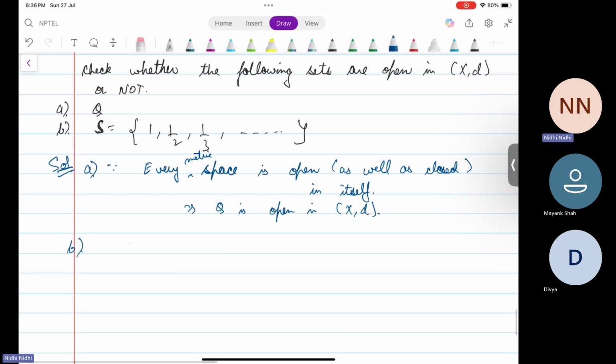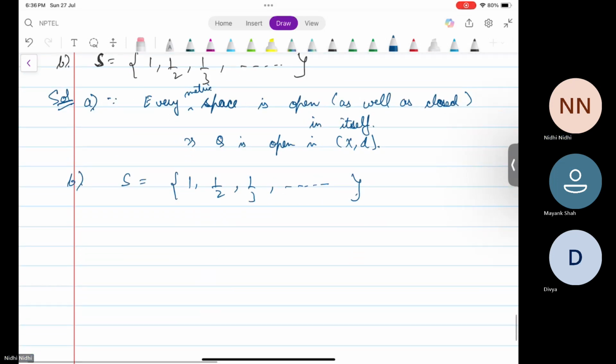What about the second one? We have the set S, which includes elements of the type 1 by n. If we see it on the number line, this is 0, 1, 1 by 2, 1 by 3, and so on.